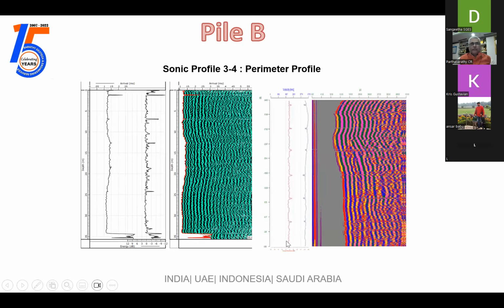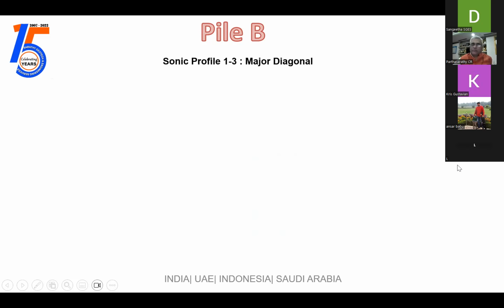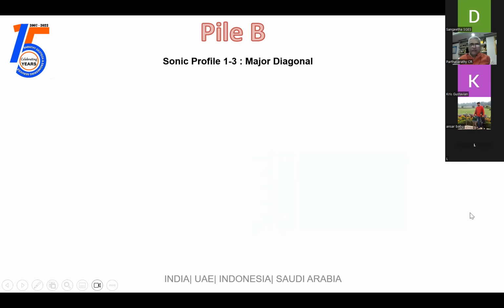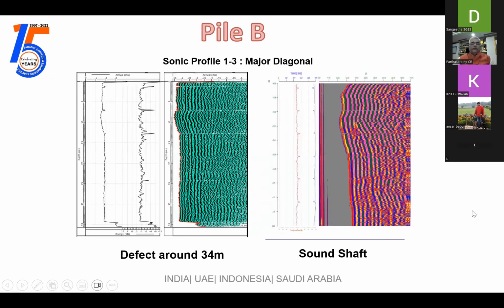All the perimeter data of retesting shows defect, but all the perimeter data set from the first-time testing revealed that the pile has a good shaft. Again, is it because there is some error in the data set, or people are not aware how to interpret the results, or otherwise? So the question is the same.